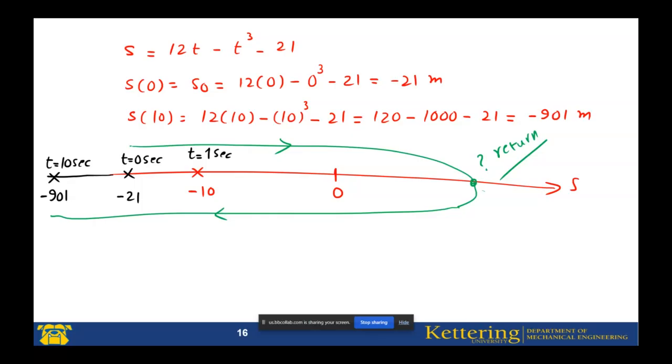Why? If you go in this direction and then want to change your movement to the other direction, at the turning point the velocity is 0.